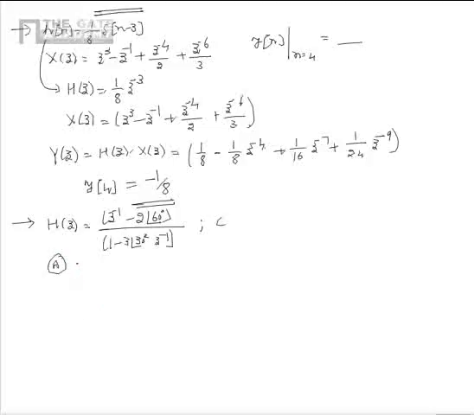The options given are: option A, the impulse response of the system is real; option B, the system is unstable; option C, h(-3) is equal to 1/2.